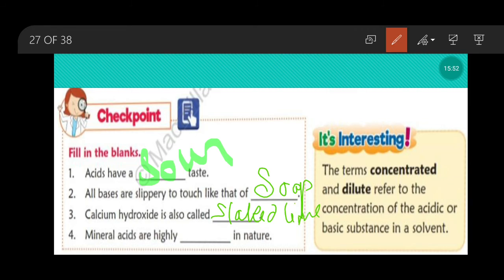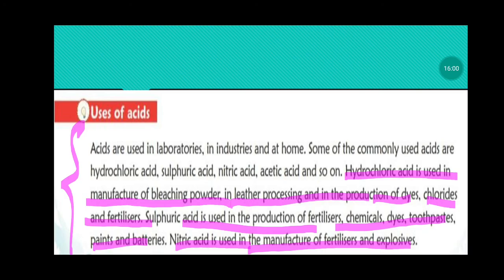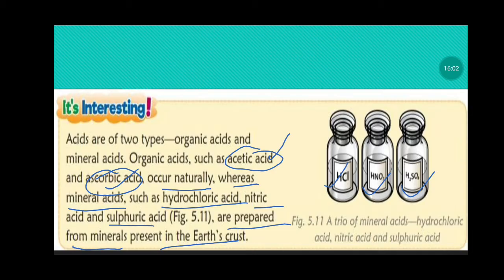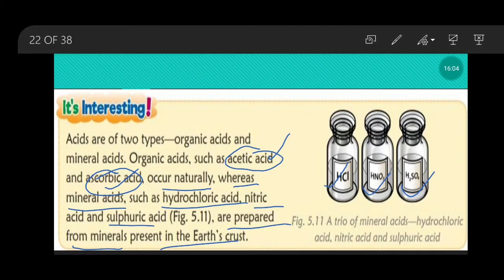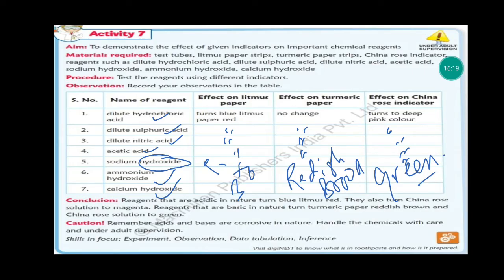Okay, next, mineral acids are highly dash in nature. We came to know that there are two types of acids. One is organic acid, just mark it, these are important. Organic acids are acetic acid and ascorbic acid, whereas mineral acids are hydrochloric acid, nitric acid and sulfuric acid, prepared from minerals present in the earth's crust, and these are corrosive in nature.